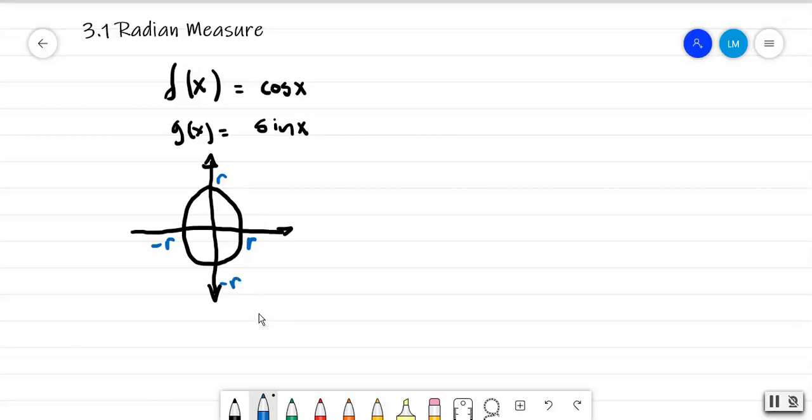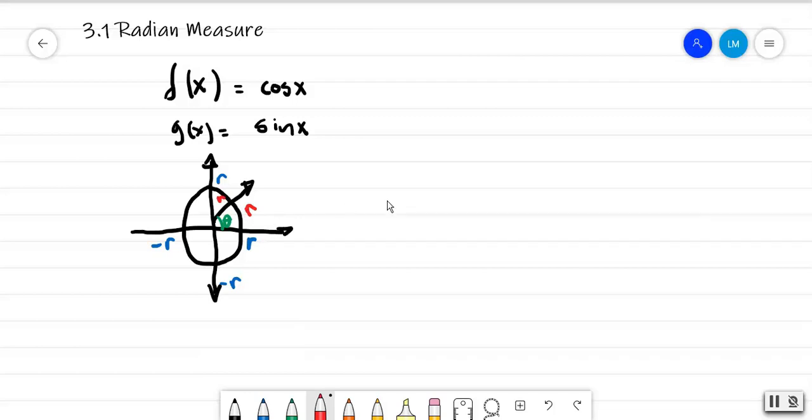Now, say that we were to draw a ray, and we label a few things, like the angle that forms, which we'll call theta. But the other part of this, aside from knowing that the radius is r, is that the length of the curve right here is also r. So we have r, and then we have r right there.